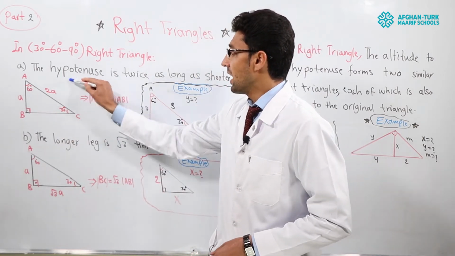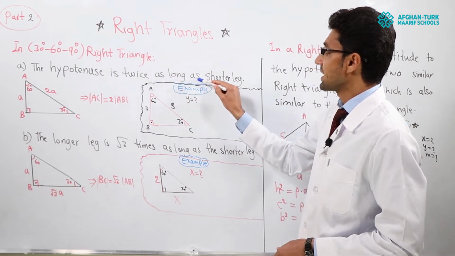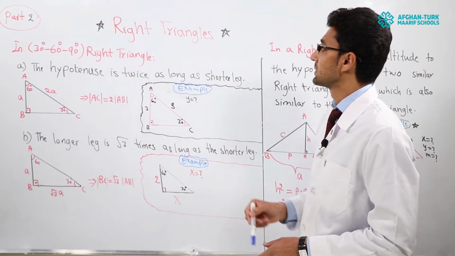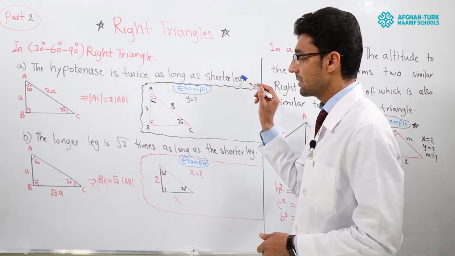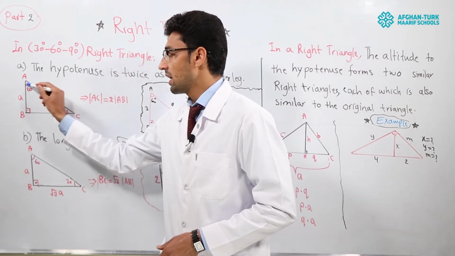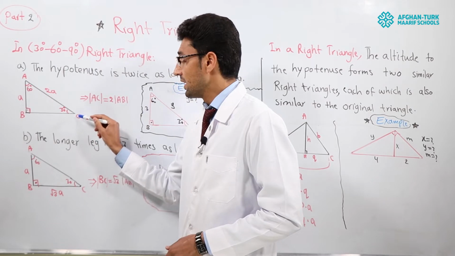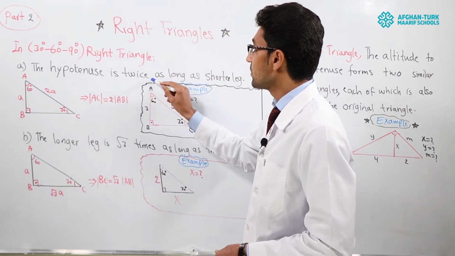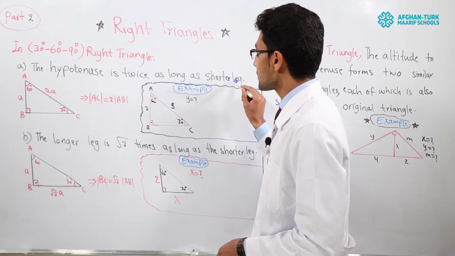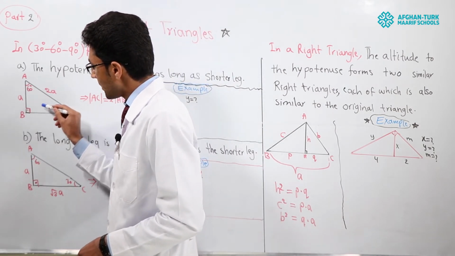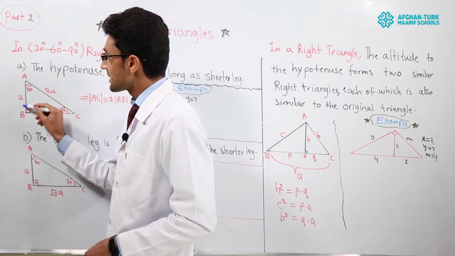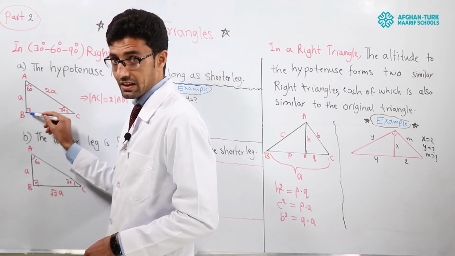At first, the hypotenuse is twice as long as the shorter leg. Okay, you know the hypotenuse. You know that it is 30 degree and the opposite of this 30 degree is the shorter leg.